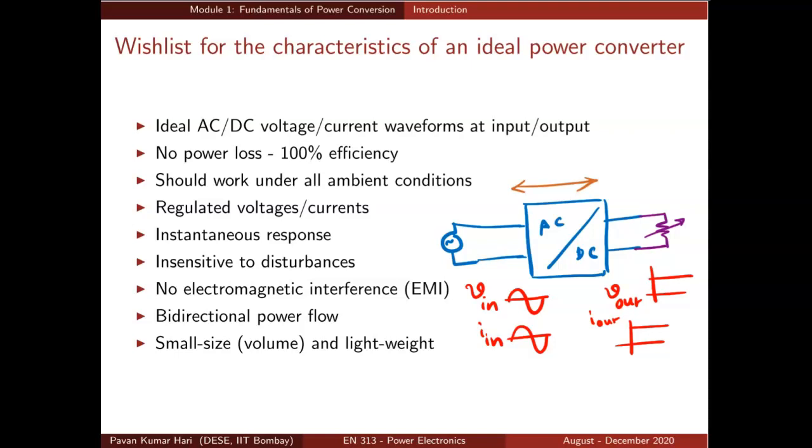In this course, our primary focus is on the first characteristic, voltage and current waveforms at input as well as output of a power electronic converter. We aim to answer this question for a given power converter. How close are the voltage and current waveforms to their ideal counterparts?